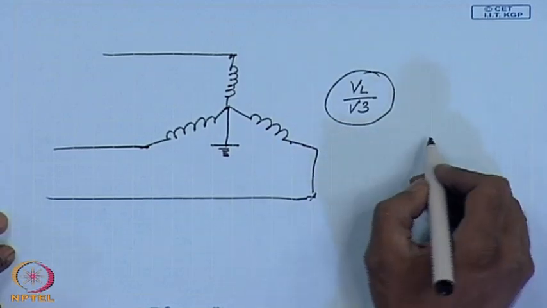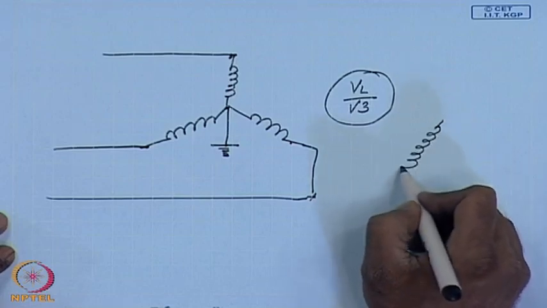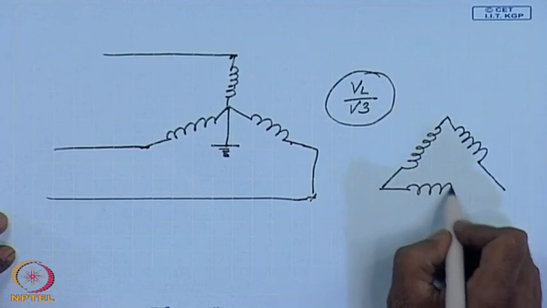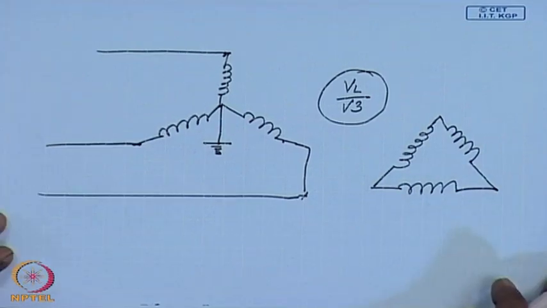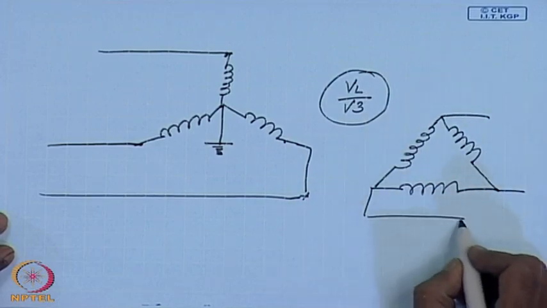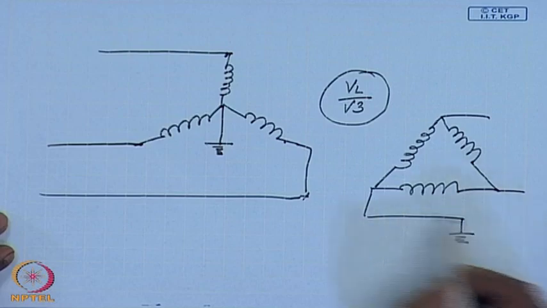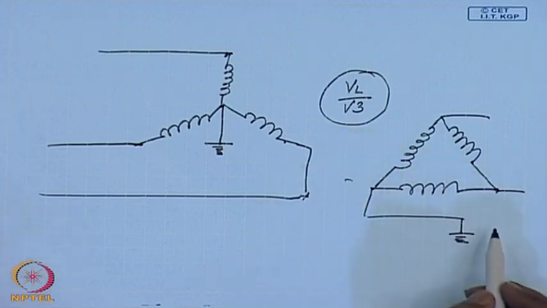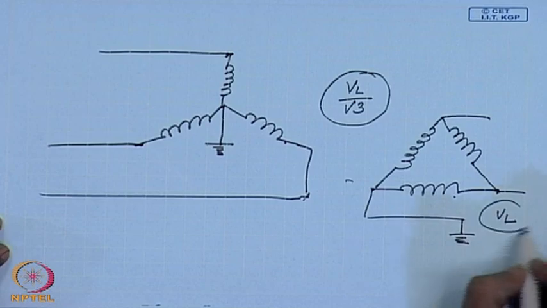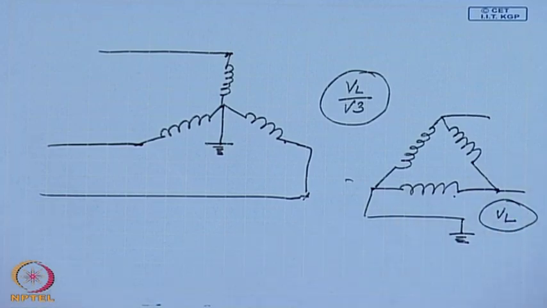On the other hand, if you have a delta connected winding, then in the case of a line to ground fault, the potential of the other line terminal can go as high as V L. Therefore, for the same voltage rating of the winding, a star connected winding will require lower insulation and hence will be somewhat cheaper.